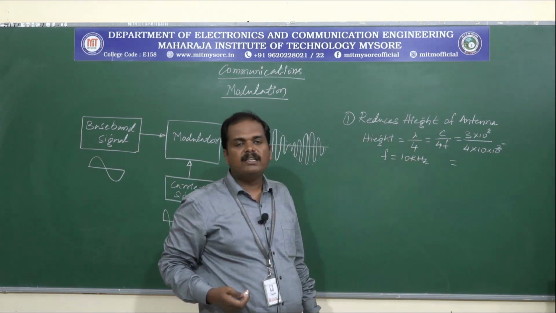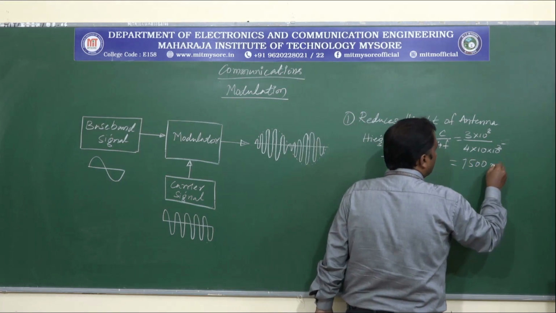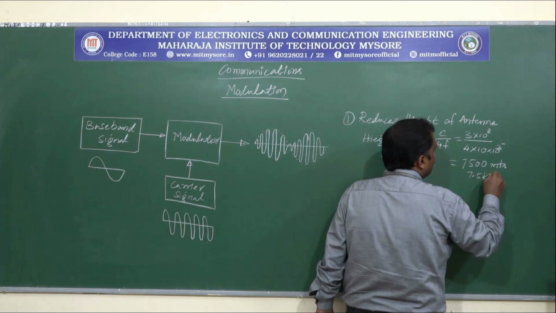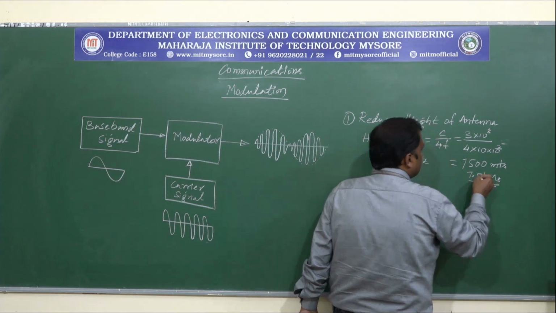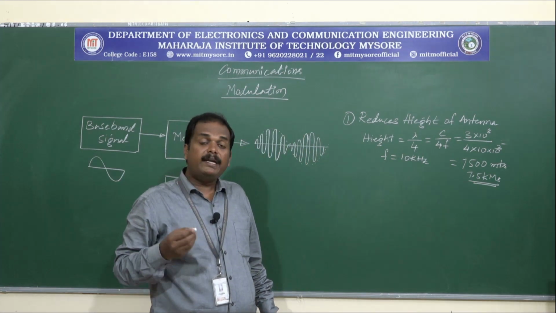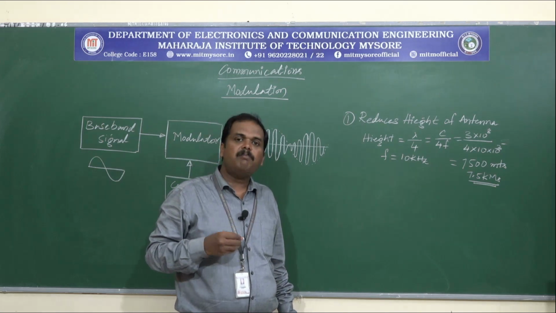If I simplify this, it gives me 7500 meters, which is nothing but 7.5 kilometers. This is an impractical size of antenna. An antenna of height 7.5 kilometers is totally impractical.